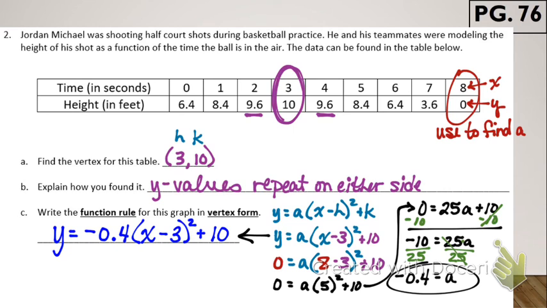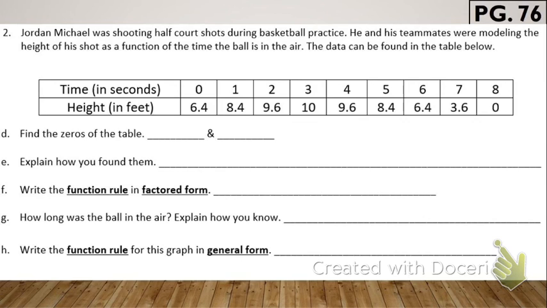Part D asks me to find what? Find the zeros, the roots, the x-intercepts. What am I looking for on the table again? Yeah. There is only one.